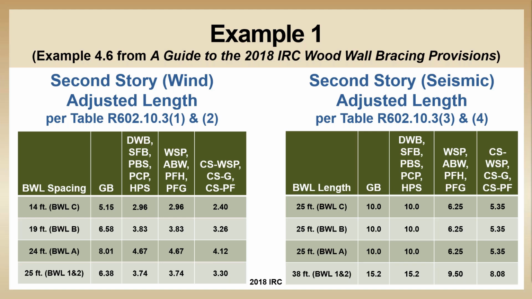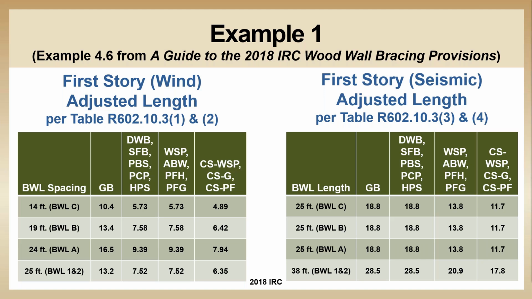On the left, we have the wind values, and on the right are the seismic values. And you're going to notice the seismic is governing for all 5 of the braced wall lines. Then at the lower floor, the same is true. So we're going to move forward with the table on the right, since the seismic lengths are governing over wind.